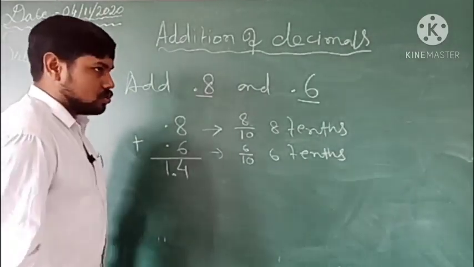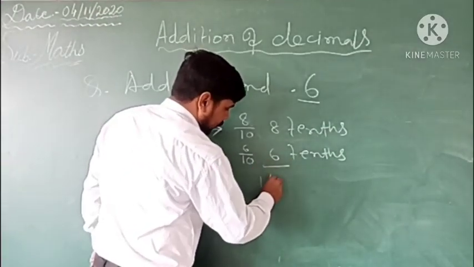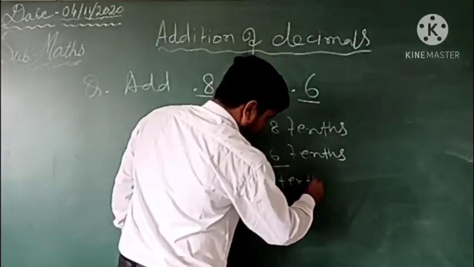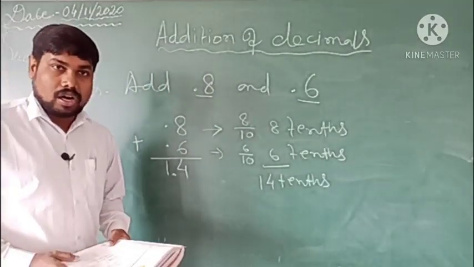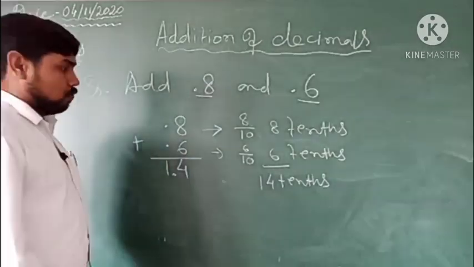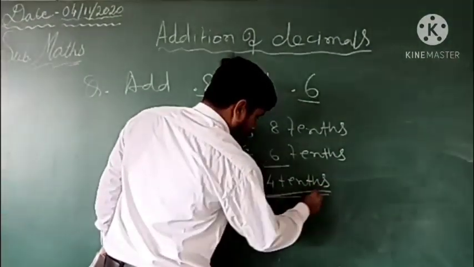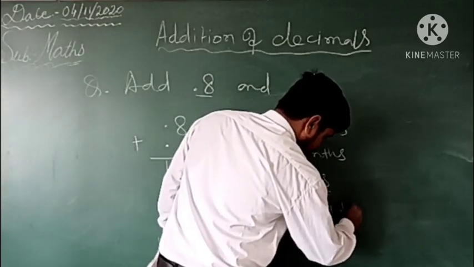So 14 tenths means 14 by 10, or 1 one and 4 tenths.